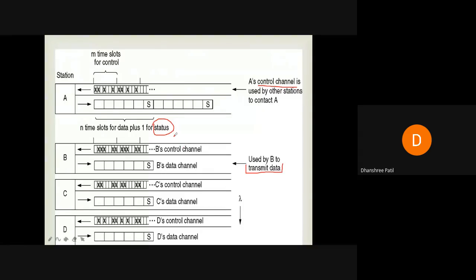So for that purpose, this status is used. Whenever data needs to be transmitted, it is transmitted by using the second channel. And whenever any station wants to communicate with another station, it establishes a connection or checks the status of a station by using the control channel.